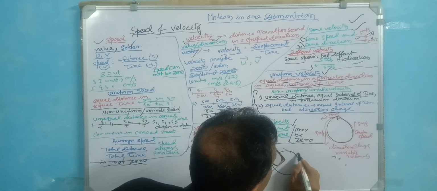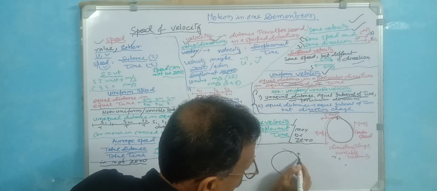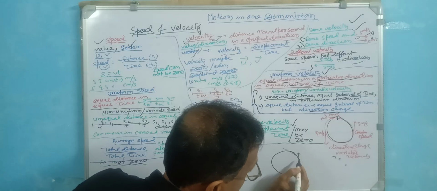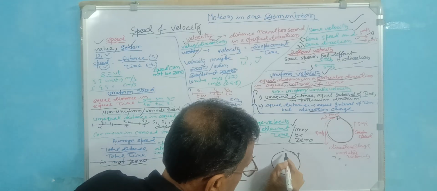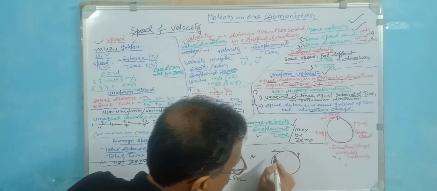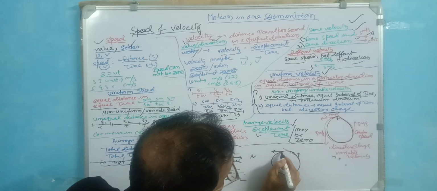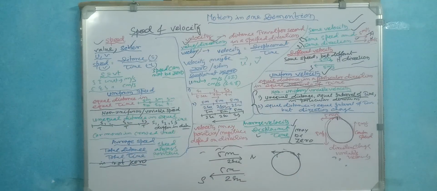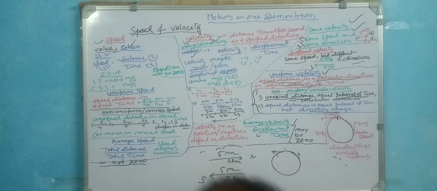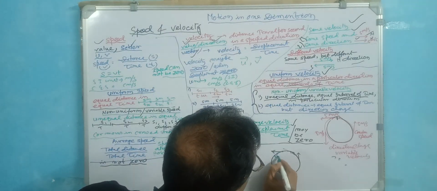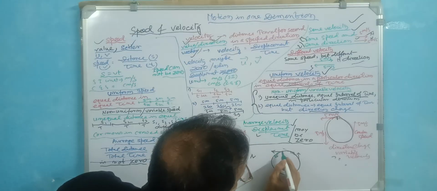It is actually moving tangentially this way, but it turns this way. Each and every time the direction is changed. In that position, it is actually moving this way, but it turns to this. Here is a different color. It turns to this. So each and every time the direction is changed.